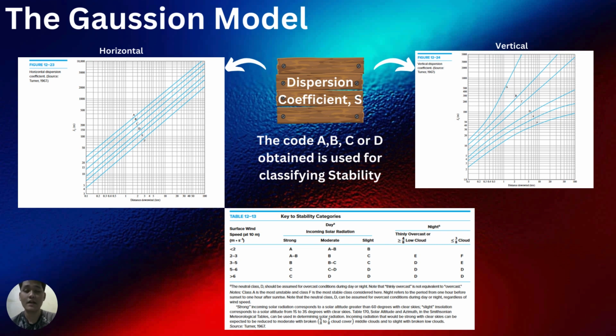The plume standard deviation Sy for horizontal and Sz for vertical can be obtained by determining the distance downwind in km. The distance downwind also will provide the stability class, whether the stability is the class of A, B, C, D, or E.